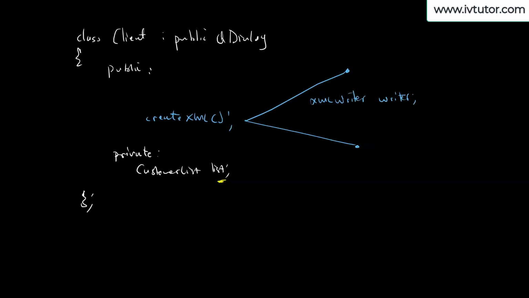Then we go writer dot create XML, and we give this a list, our list, which is this list here, and maybe a path where to write the XML, like that. This is possibly how we can implement this function.